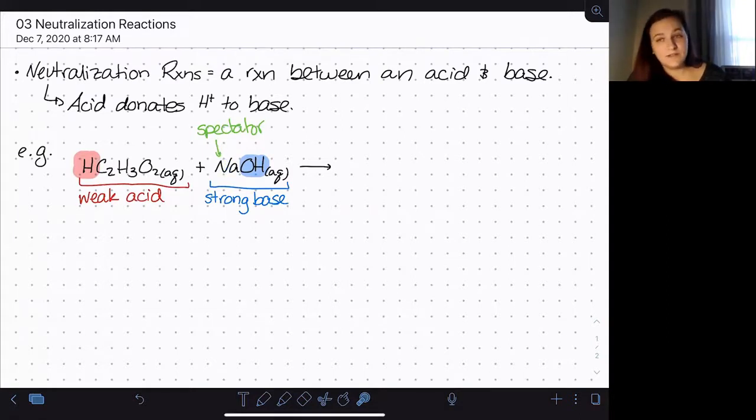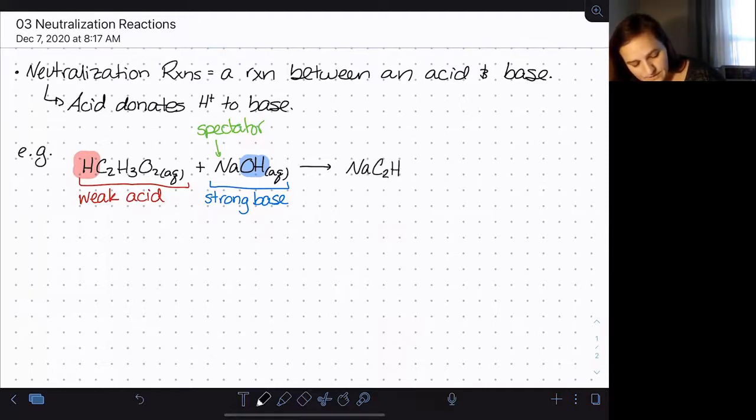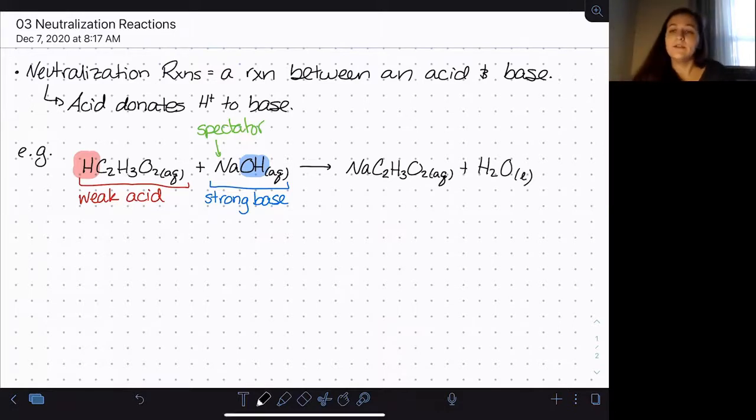We can write this like a double replacement reaction, where our hydrogen and the cation in our base are essentially just going to swap places. So we will end up with sodium acetate and water as our products here.